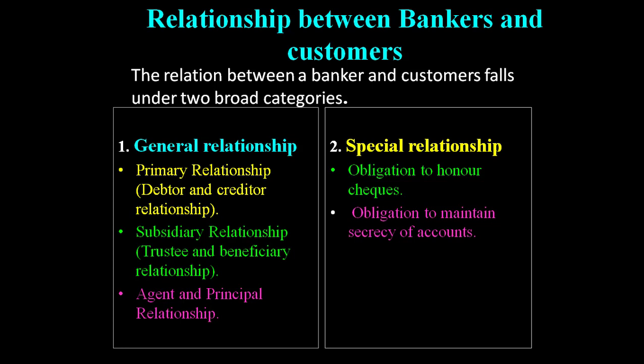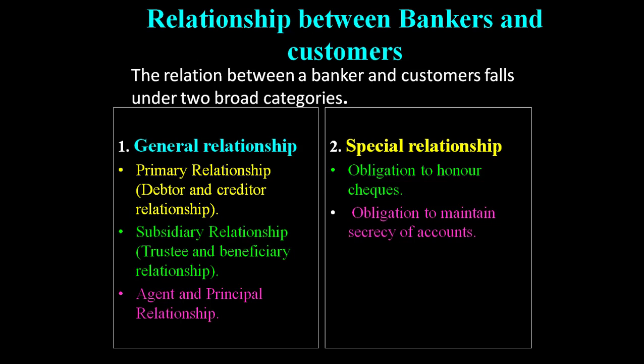Whereas in the subsidiary relationship, like trustee and beneficiary relationship, if he has the money and saves the money, he has the trust, that is the intention, he saved his money in the bank. After saving money, it will become a benefit for others.